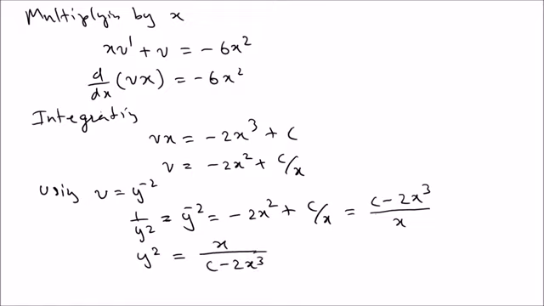Now again, considering cases, since we don't know the sign, we can write y equals plus or minus the square root of x over c minus 2x cubed. So those are the two cases, and if you know the initial conditions, we can find them. Otherwise, this is the general solution.